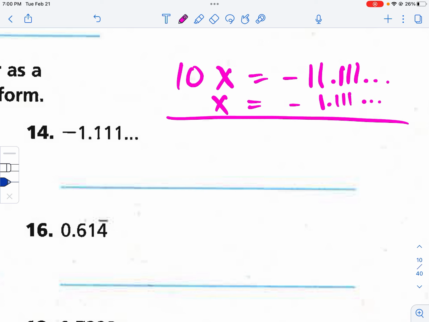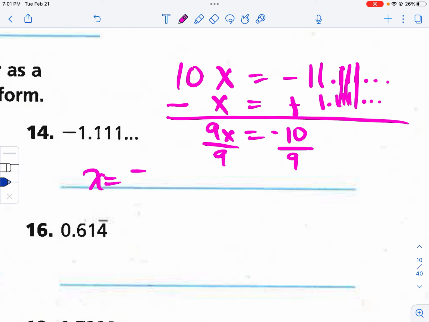Okay, so if you're subtracting, that means I'm changing this sign to be a plus. So I get 9x equals, cancel, cancel, cancel. That would be 10. Oops, sorry, negative 10. Divide by 9. So x equals negative 10 over 9.